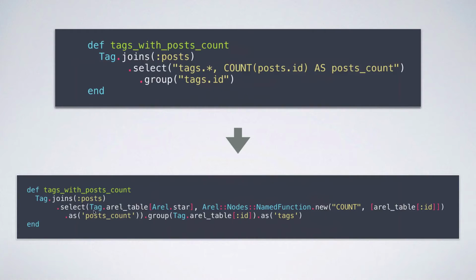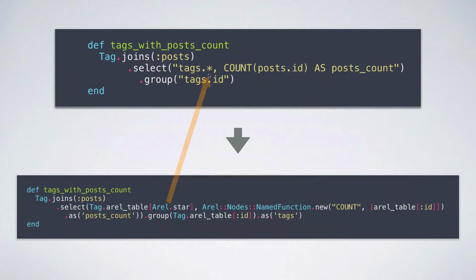In this case, we're doing Tag.arel_table. That Tag.arel_table represents this part of the query, this tags over here. In the square brackets, you could put a column name or you could put something like Arel.star, right? Arel.star just represents this asterisk over here.